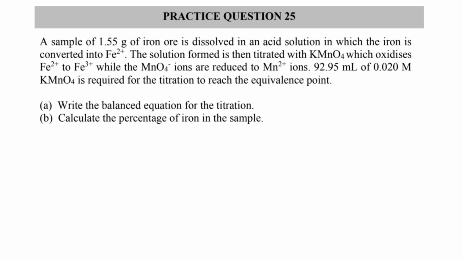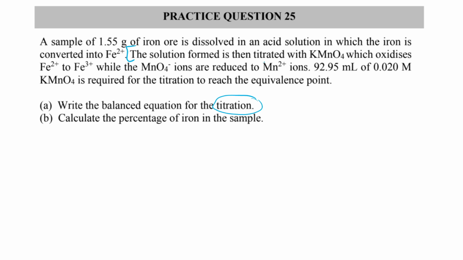So I proceed to question 25. So question 25, given the question, write the balanced redox equation. So this one is reaction between, okay, for the titration. So titration begin here.